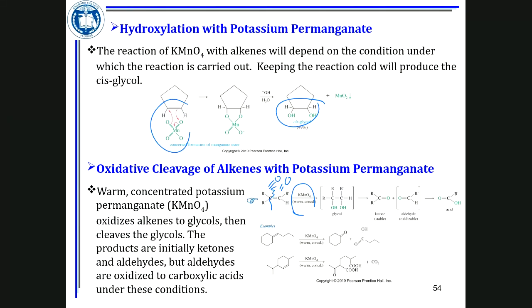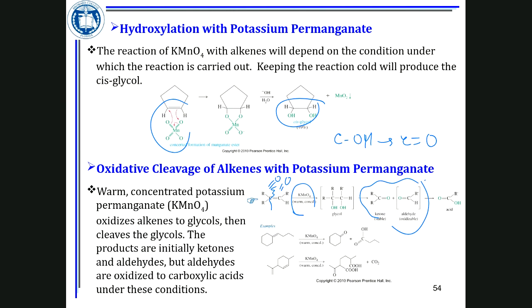If you have a COH changing to C double bond O, that's one level of oxidation, when you have one oxygen added to the carbon. Here you have a double bond oxygen because permanganate is a very strong oxidizing agent. When you add hot permanganate, it's going to go through two-step oxidation. First it is going to change to diol, but that's an intermediate, it is not going to stay like that, it is going to change to CO double bond.